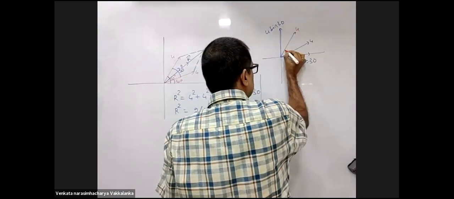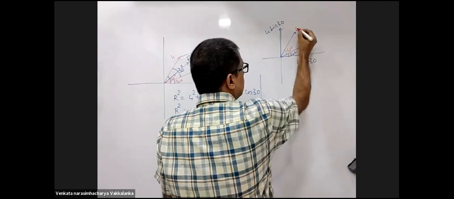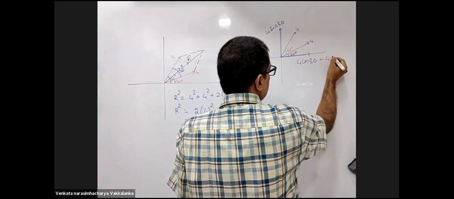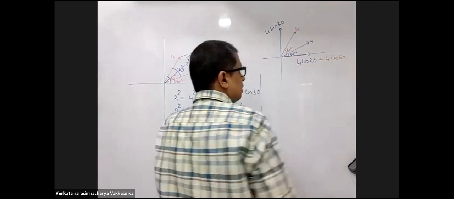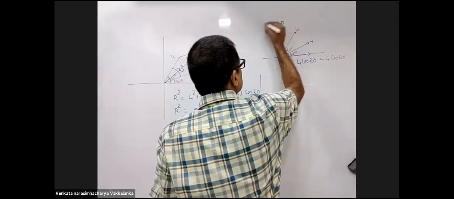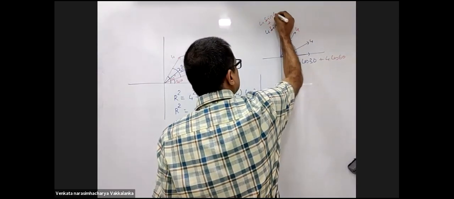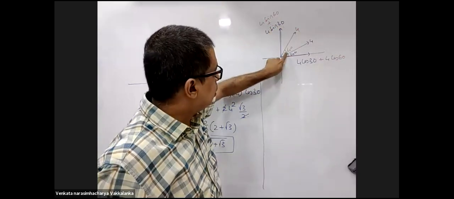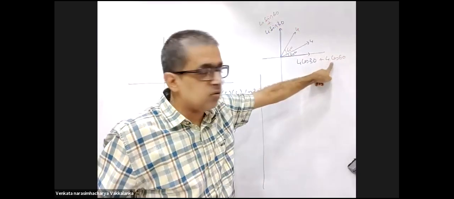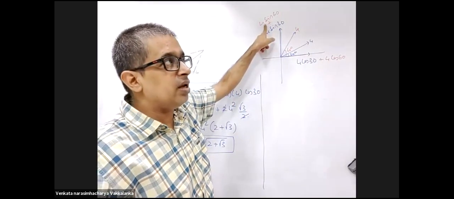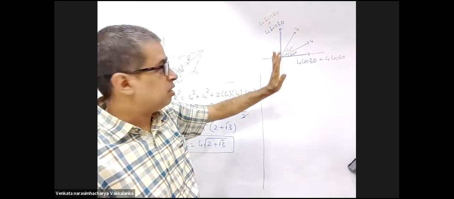Now, what is the other vector in red? This is 4, and this angle is 60 degrees. Component of 4 along x-axis will be 4 cos 60, and along y-axis will be 4 sin 60. The component adjacent to the angle is vector into cos 60, not adjacent to the angle is vector into sin 60.